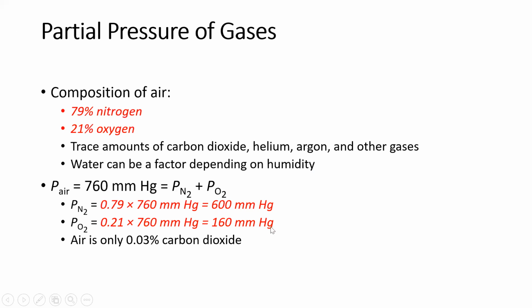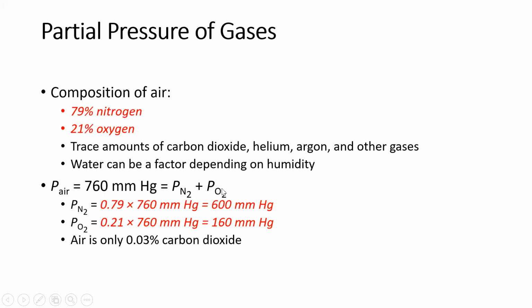And so let's think about dry air here first. We're thinking about the total pressure of dry air, and that is at sea level, 760 millimeters of mercury, right? If you remember this number being our absolute atmospheric pressure at sea level. And what that is a combination of is the partial pressure of nitrogen mainly and the partial pressure of oxygen mainly.